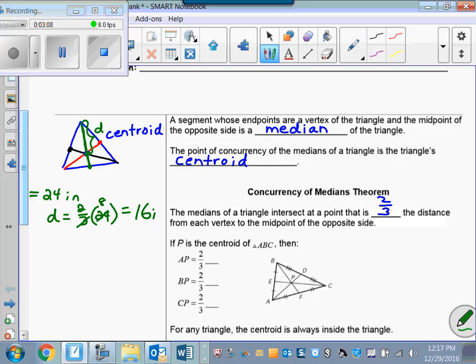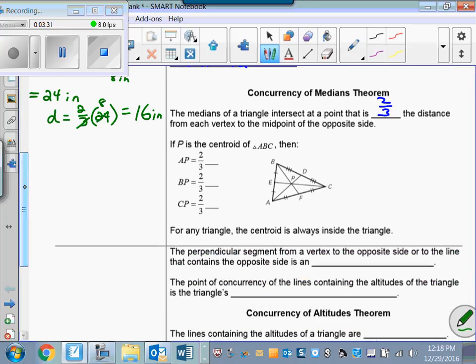So from here to here is 16 inches, which means from the centroid to the midpoint of the opposite side would be the other 1/3. So this little part right here would be 8 inches. That's all that theorem is telling you.